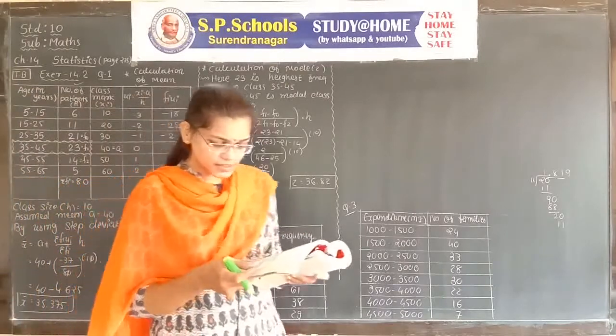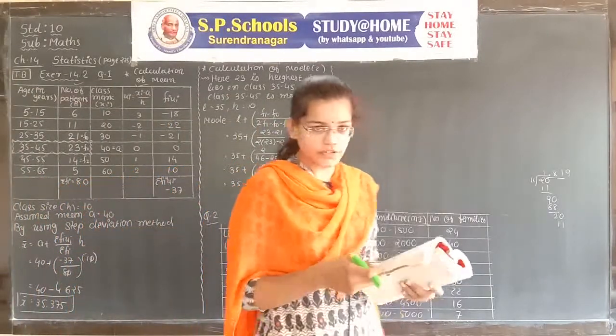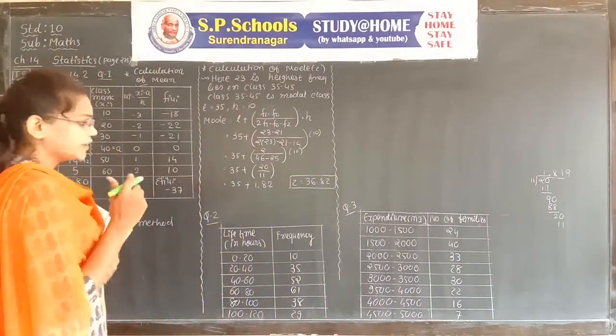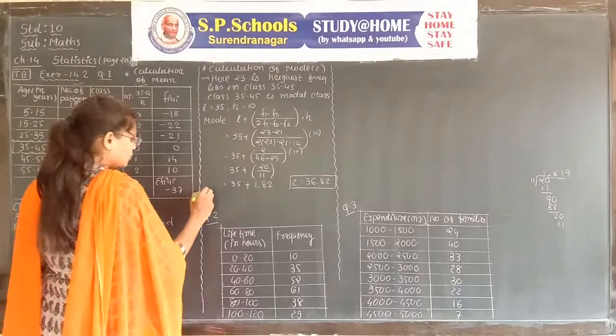The question says to compare and interpret the two measures of central tendency. A mean gives us the average and a mode gives us the most frequently occurring observation.